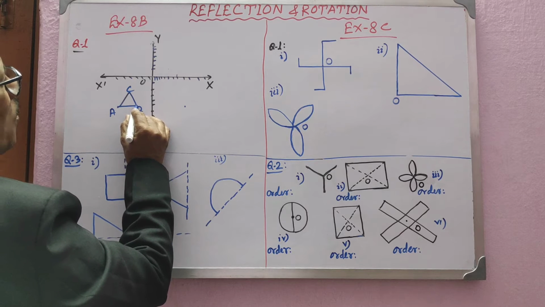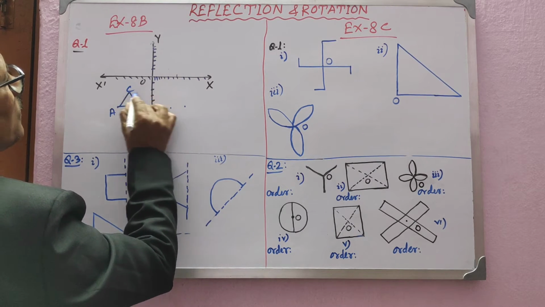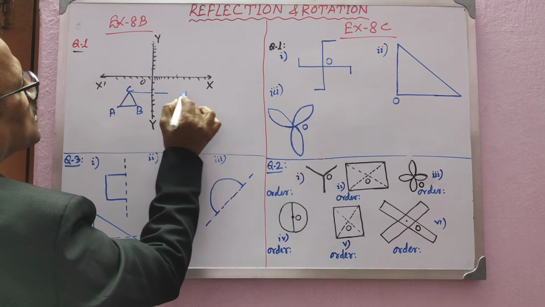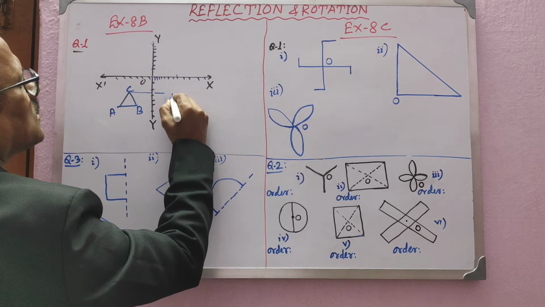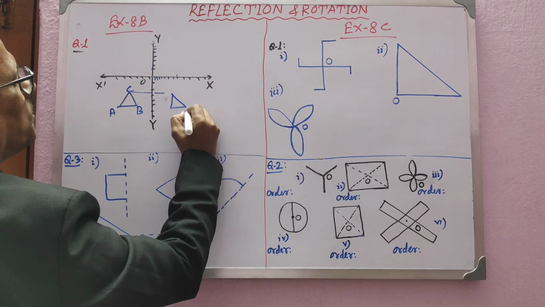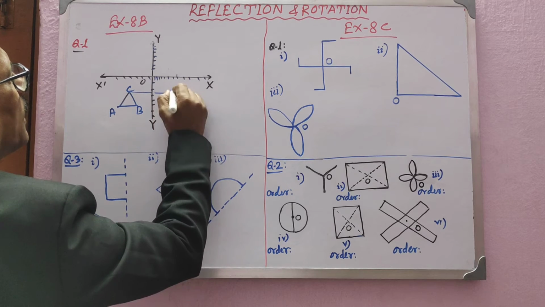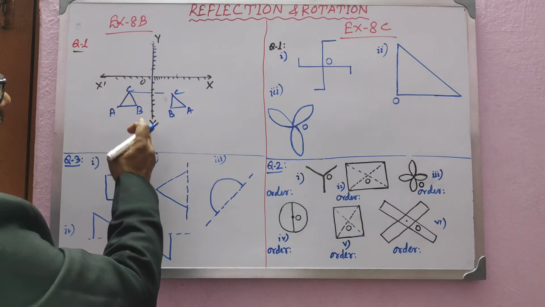B also will be somewhere like this, and C will be this much distance, somewhere here. So it will become a triangle like this, of the same size. I hope you have understood the reflection, because it's a y-axis reflection.